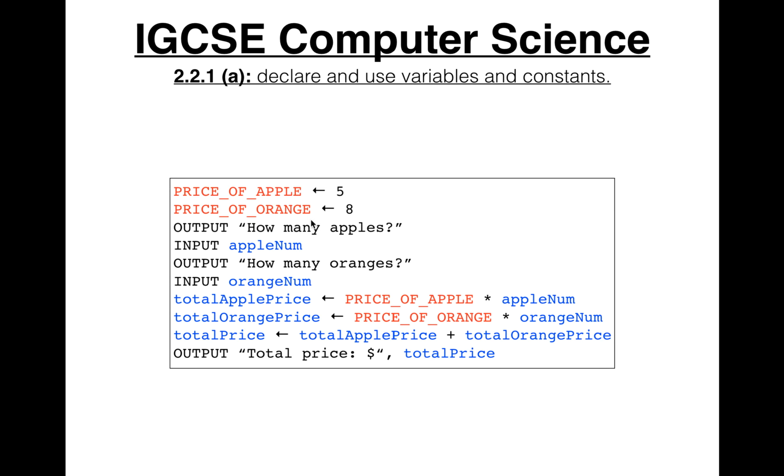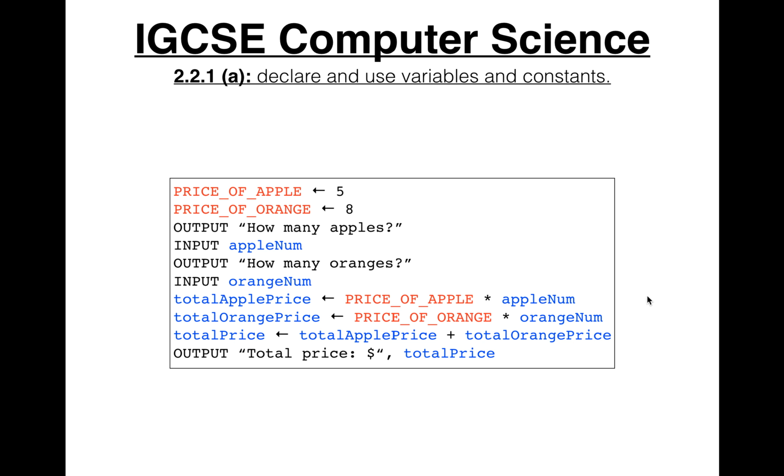So take a look at this program. Constants are in red and variables are in blue. This is an example of where you would use constants. You could say total apple price equals 5 times apple num, total orange price equals 8 times orange num.